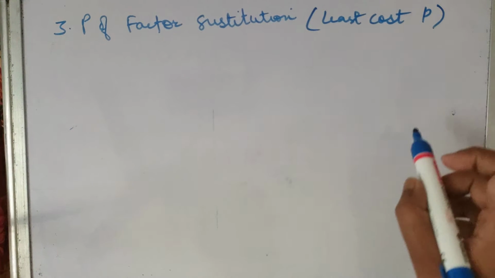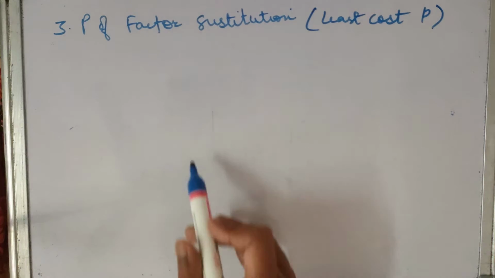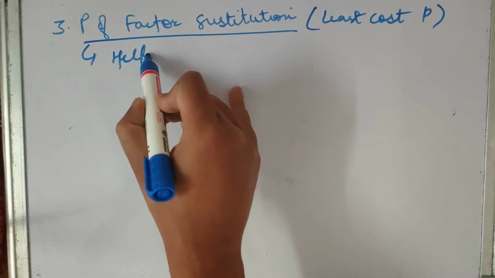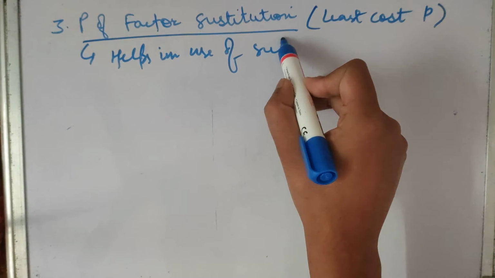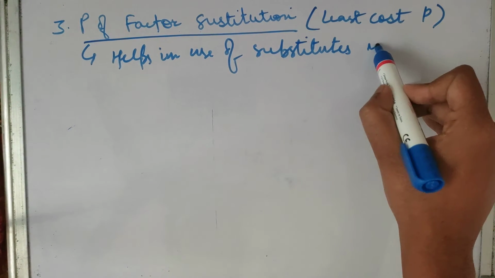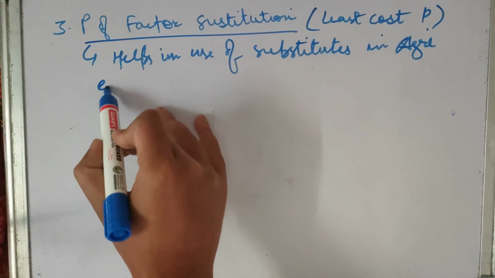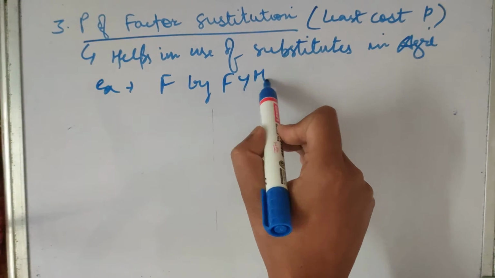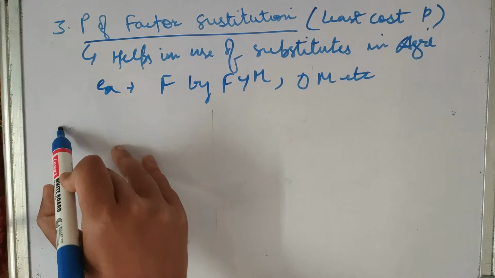The least cost principle helps in the use of substitutes in agriculture. Example, substitution of fertilizers by farm yard manure. Fertilizer can be substituted by farm yard manure or organic manure, etc. So this is how we will use substitutes in agriculture.